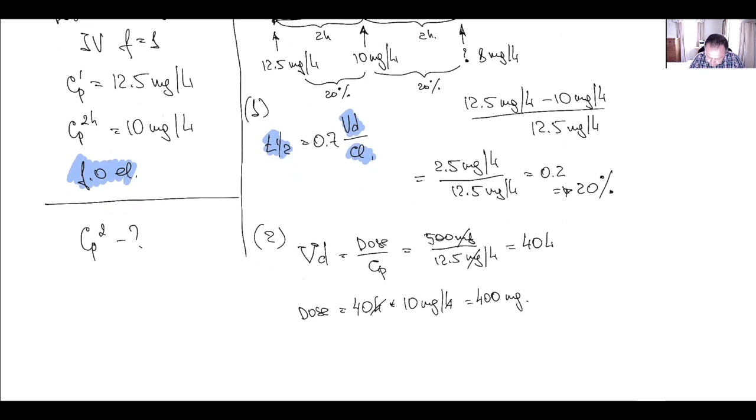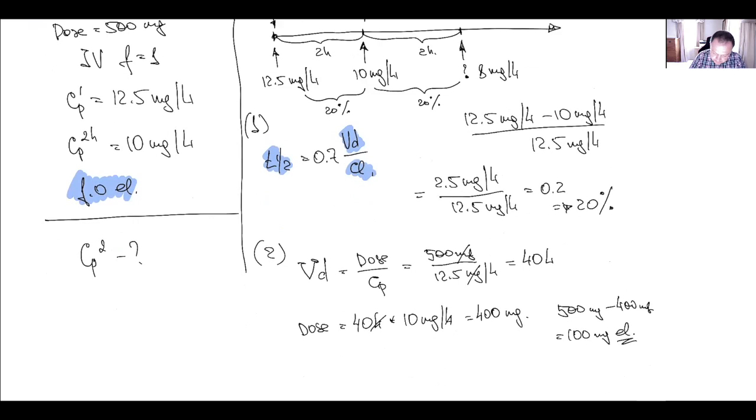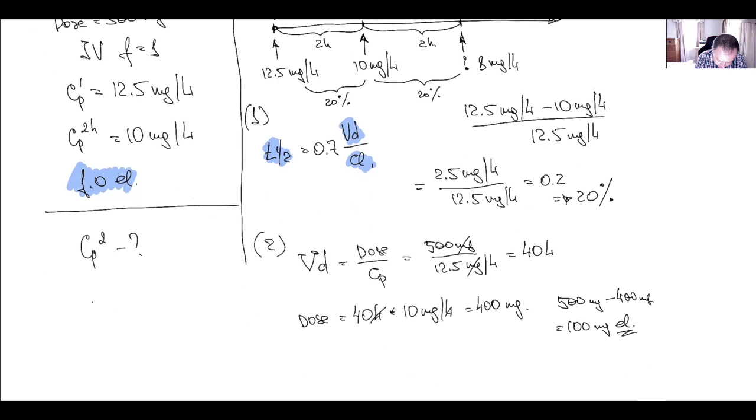After that, we can subtract 500 milligrams minus 400 milligrams. We get that 100 milligrams were eliminated during 2 hours. Actually, this corresponds to 20%: 100 over 500 is 0.2, or 20% eliminated.